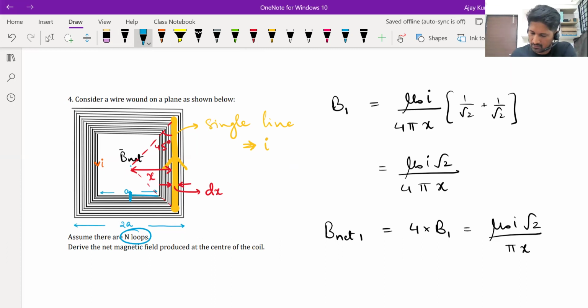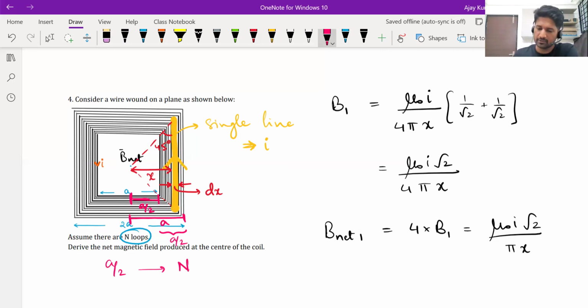From here to here, I'll use some other color, pink, from here to here is a by 2, and from here to here is 2a divided by 2, that is a. That means this distance is a minus a by 2, that is a by 2. So each border of the square frame that you see has a width of a by 2, and in that width of a by 2 there are n turns or n wires.